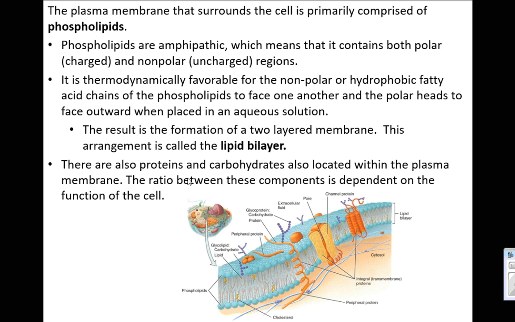What we describe as those phospholipids, which were unique fats because they were amphipathic. Amphipathic, remember, means that they have polar and nonpolar regions, which in our drawing here of a simple phospholipid, is it the head or the tails that are polar?